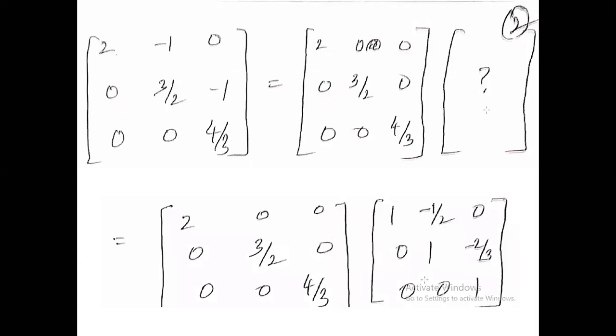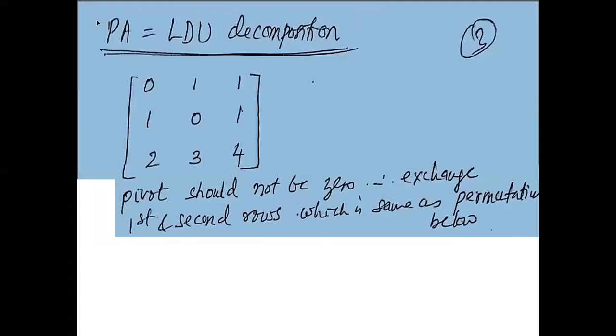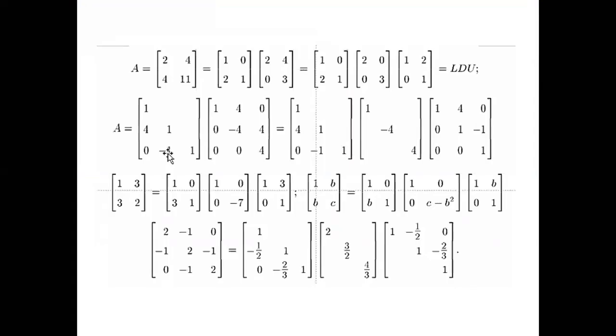There is a question on this LDU decomposition in the model question. So I would suggest that you go ahead and just practice this problem. For your practice, I have also given you another problem here, and the solution is also given. And there is a list of problems which you can go through, and how A has been converted into its factor LU first, and then how LU is converted again into LD and U. So as you can see in this slide, the idea is to convert A into LDU.